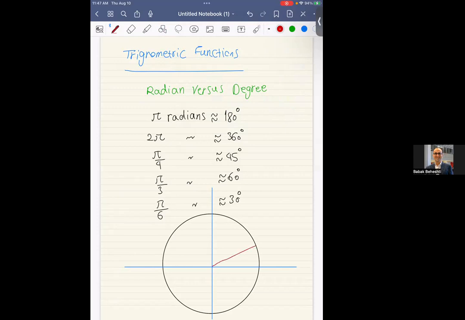The angle here is pi over 6, right? And then you have pi over 4, which is 45 degrees. And then we have pi over 3. And then we have pi half.